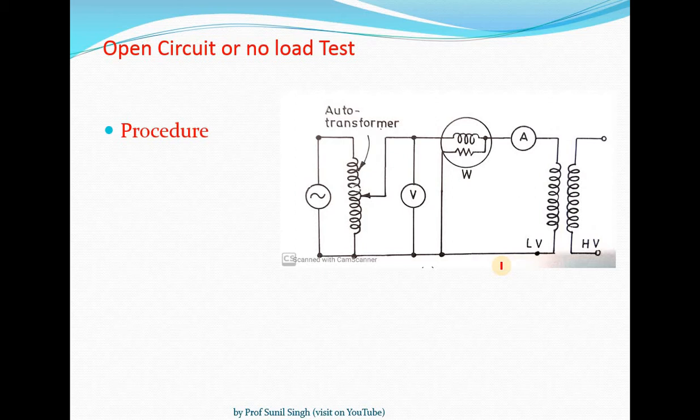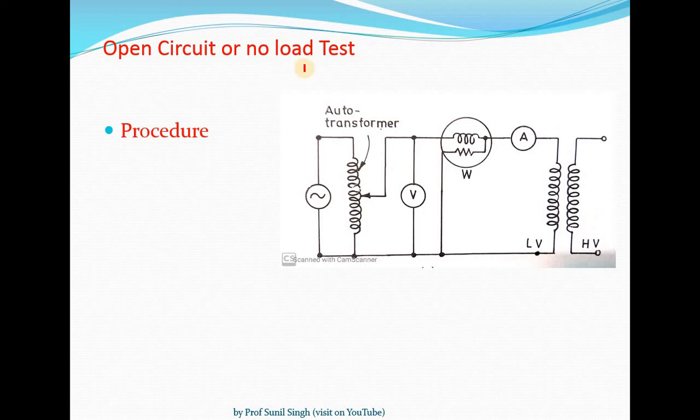But before operation we can say this is the high voltage winding and this is the low voltage winding. Suppose this is the transformer on which we will perform both tests, open circuit and short circuit. In one test the low voltage winding will be the primary, in the other test the high voltage winding will be the primary.